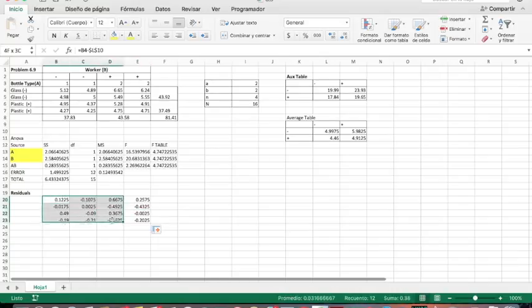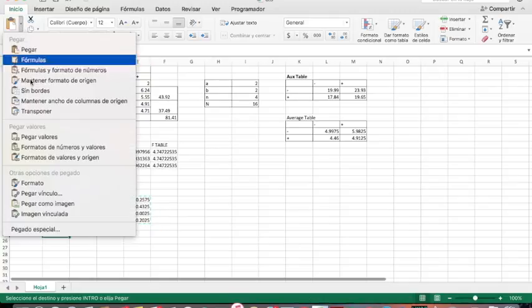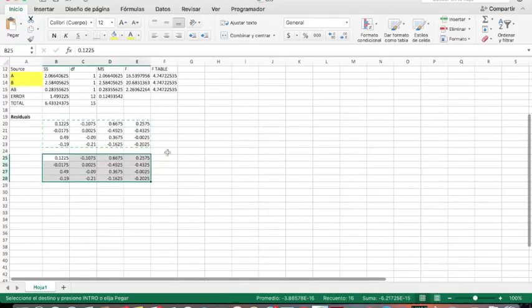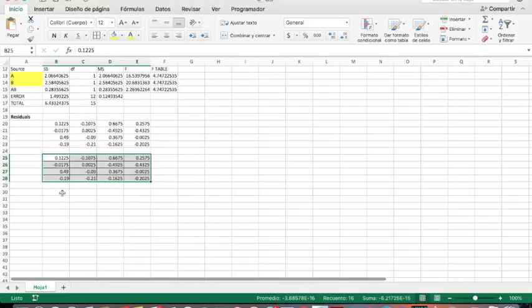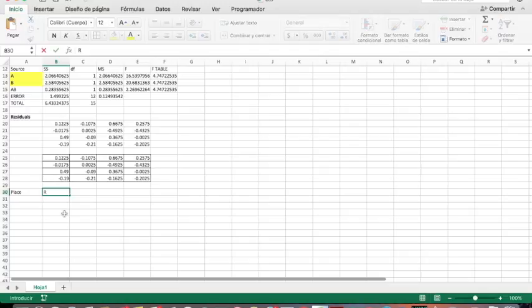Here are our residuals. I'm gonna copy this as values. These are our residuals. So in order to do the normal test, we have to transpose them.